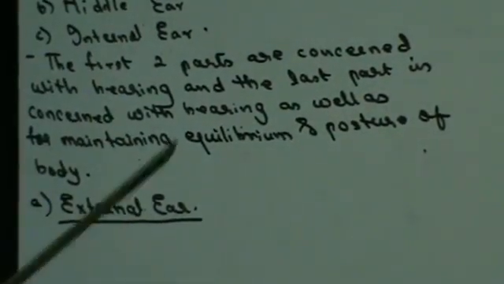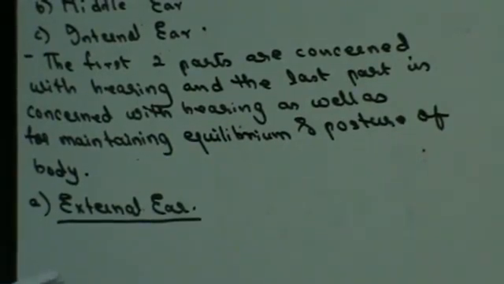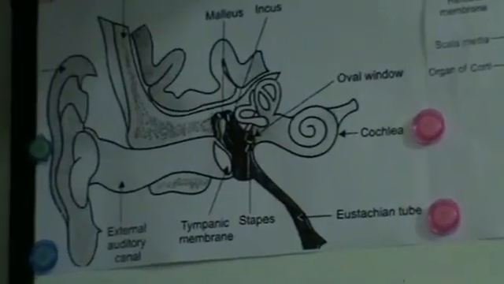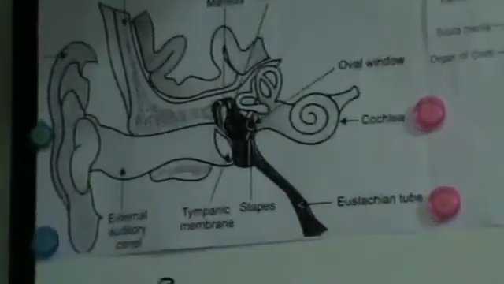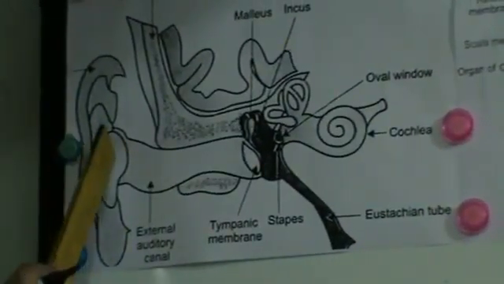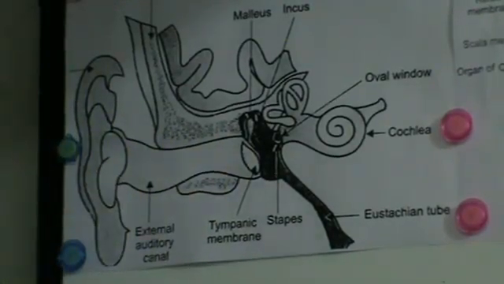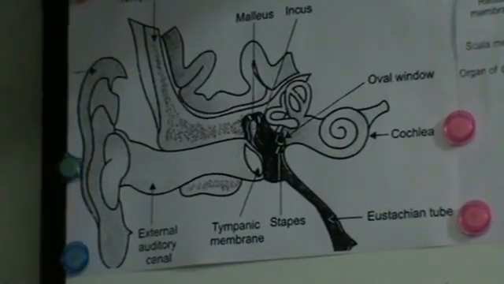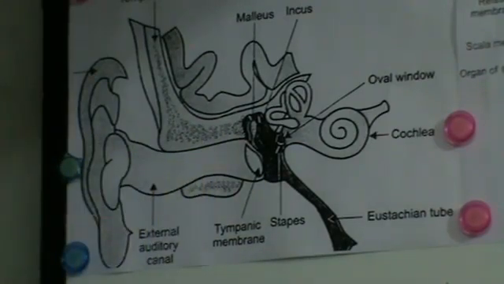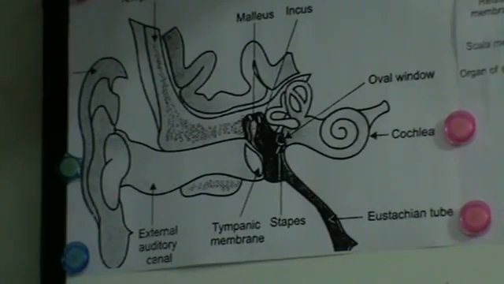The technical name for the external ear is the auricle, and it is formed by an immovable cartilaginous portion called the pinna and an external auditory canal. Can you just see the diagram please? This is your pinna. Then you have the external auditory canal, which is protected with hair and wax.